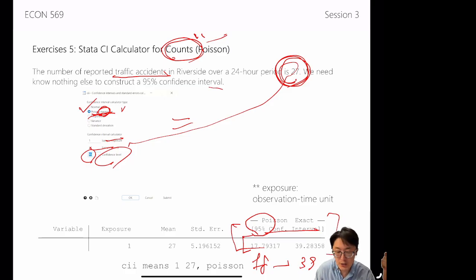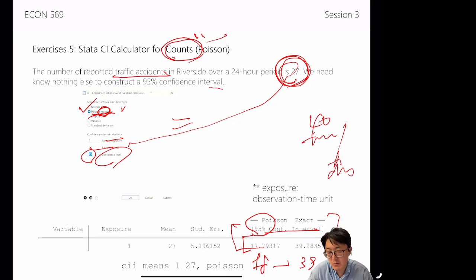Let's assume the government is providing budget: if traffic accidents are on average higher than 40 per day, then we will increase the budget. But the problem is, this one is lower than 40, so you are not eligible to apply for a budget increase.